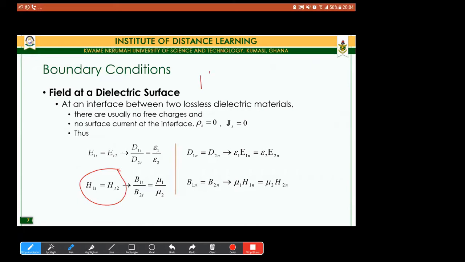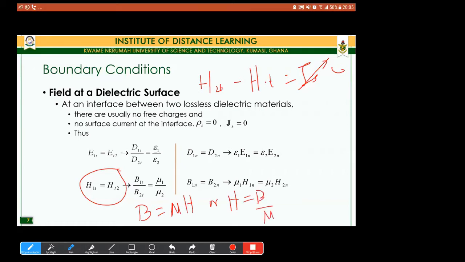And if you remember the relationship between H and B, B equals mu H, or H must be equal to B over mu. So you can say B1T over B2T, just as we did for this one, equals mu1 divided by mu2.